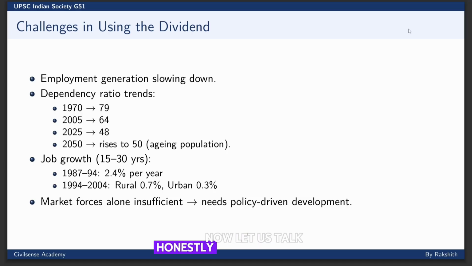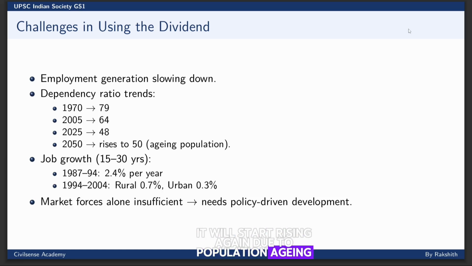Now let us talk honestly about the challenges. India's dependency ratio has definitely improved from 79 in 1970 to around 64 in 2005, and it may drop further to 48 by 2025. But after that, it will start rising again due to population aging. At the same time, employment growth has slowed down.